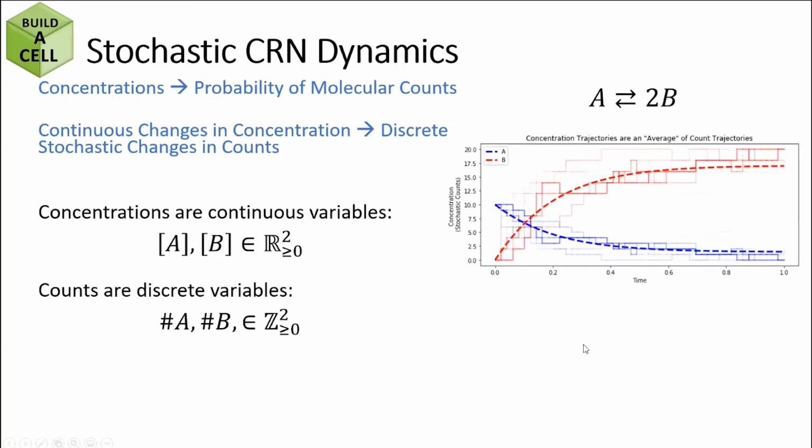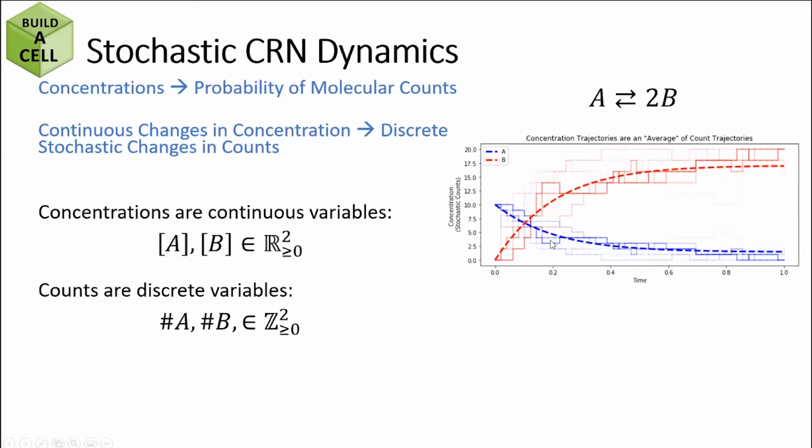And if you simulate a stochastic CRN in this way, you get this behavior. Here you see the dotted lines are the deterministic concentrations, and the solid lines are many trajectories of the counts changing. So where the deterministic simulation has lots of intermediate values, the counts are always integer values, and they jump discretely between different integer values.